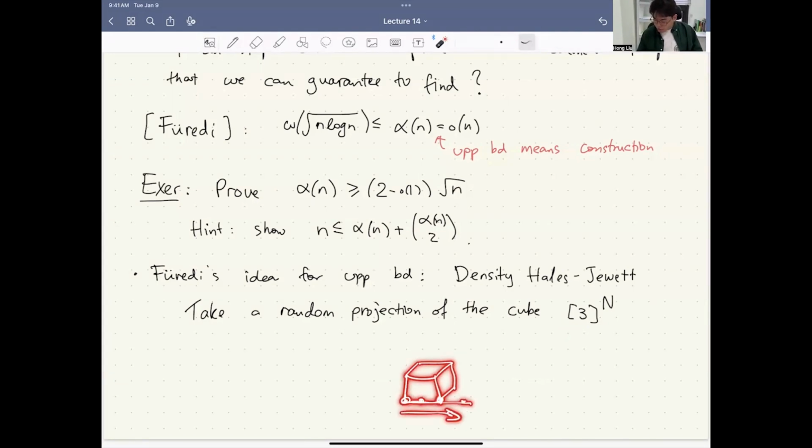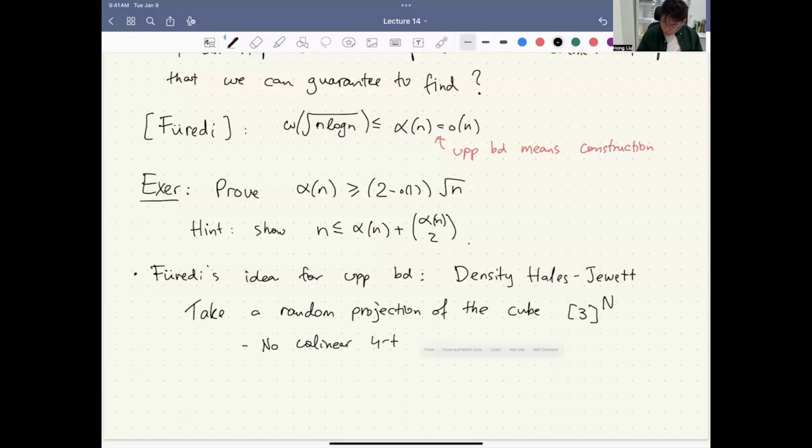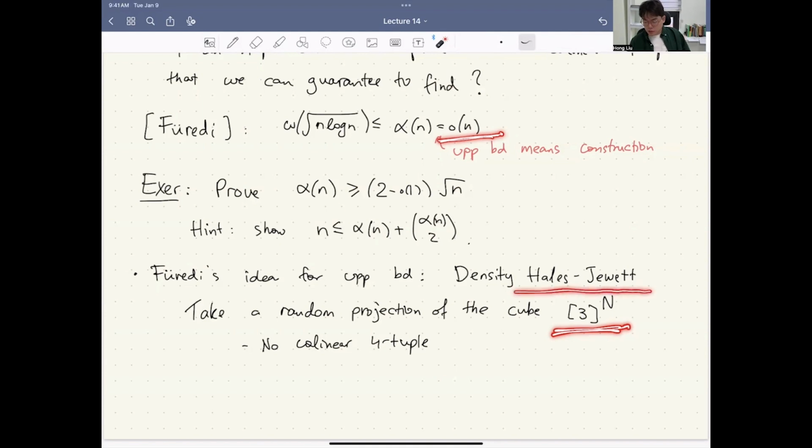So you don't have 4 points on a line, which means it has no collinear 4-tuple. Good. Now what you need to show is that any positive fraction of points will contain a collinear triple. And this is basically the statement of density Hales–Jewett.